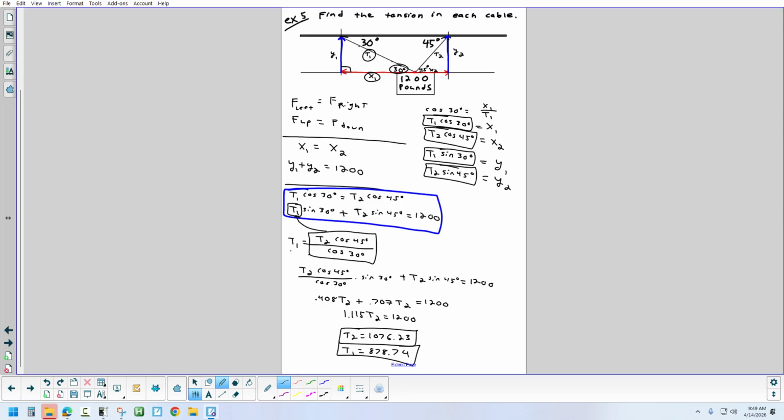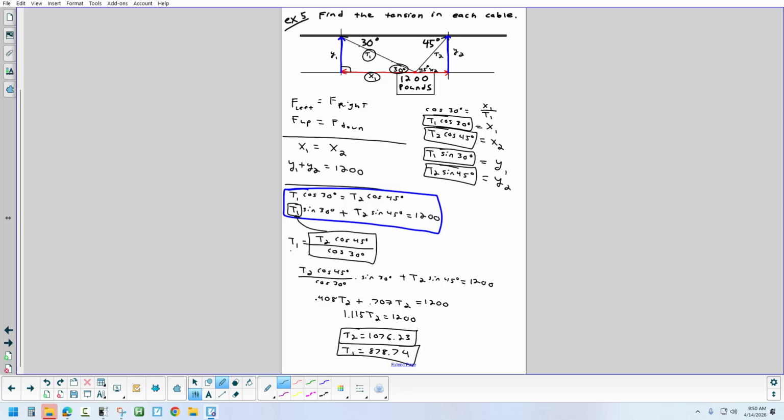Once you do enough of them, you can maybe skip that first step of force left equals force right, and go right to your diagram, because as long as it's always two cables, these equations are going to stay exactly the same every time. All you have to do is change the 30 and the 45 to whatever the two angles are at the bottom. And really, you can go right to that step in blue if you keep that template. We don't have to work through it every time to figure that out.